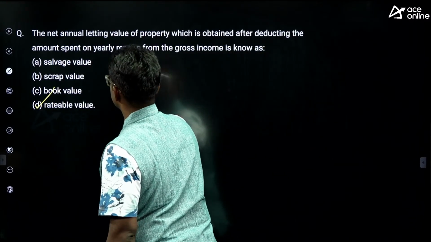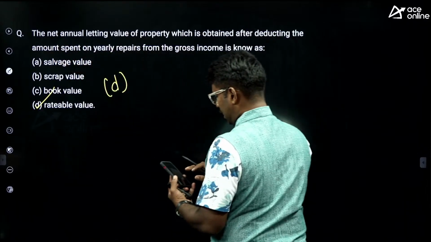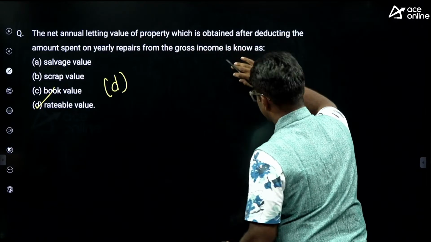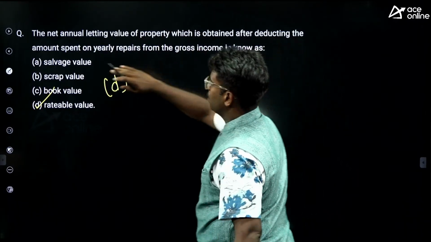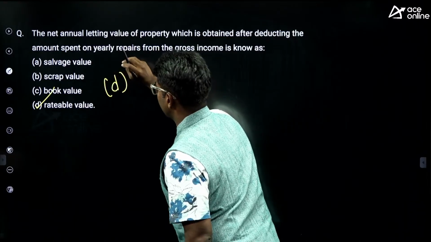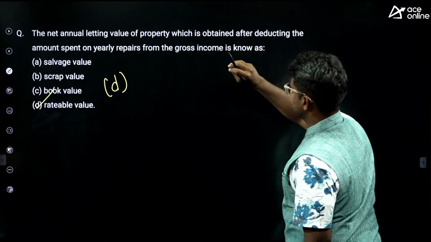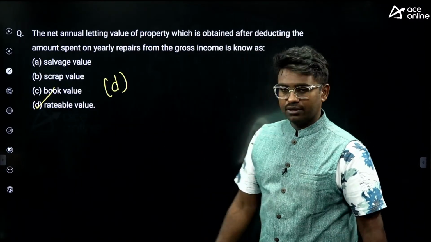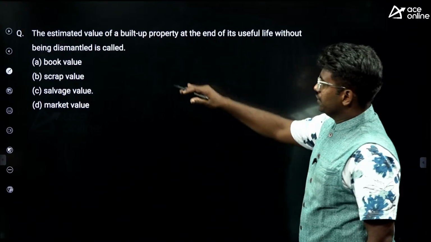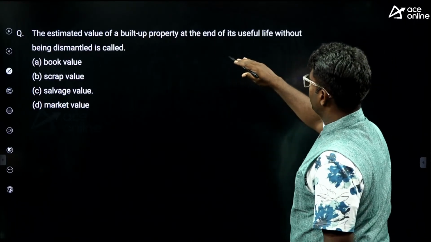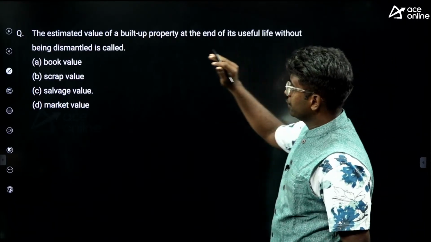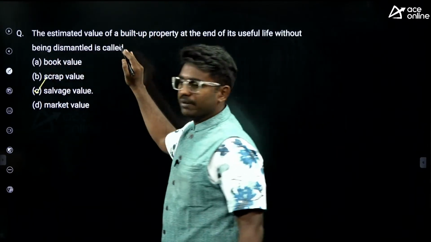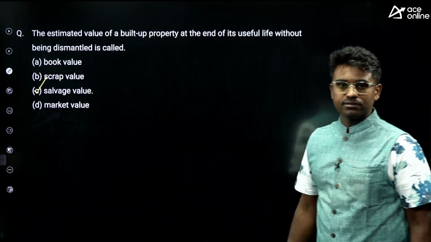Answer is D. The net annual letting value of the property, obtained after deducting the amount spent on yearly repairs from the gross income, is called rateable value. The estimated value of the built-up property at the end of the useful life without being dismantled, simply without being dismantled, is salvage value.